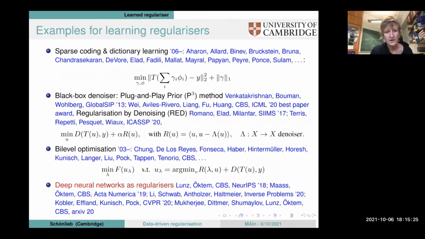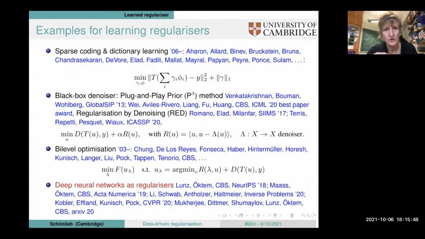But before you attempt to do something like this, you first look at what has happened in the literature in the past, how people have actually made regularizers data-driven. And of course, this story started much before neural networks.